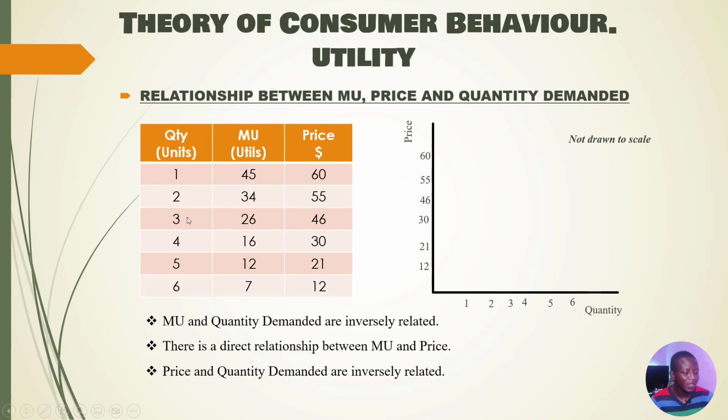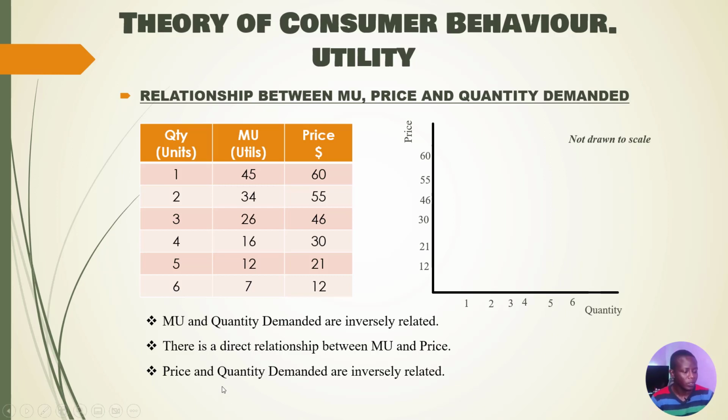Upon consuming the third unit, you are deriving a satisfaction of 26 utils, which is also lesser than that of the first unit and then the second unit as well. So in view of that, because the satisfaction is less, you'll be willing to pay a lesser price for that commodity. So you realize that as your utility is falling, you'll be willing to pay less price for that commodity.